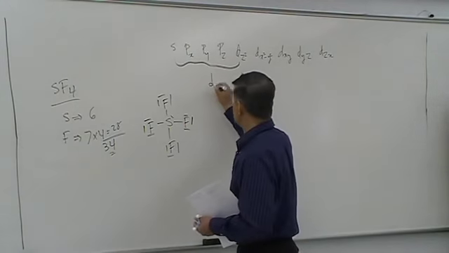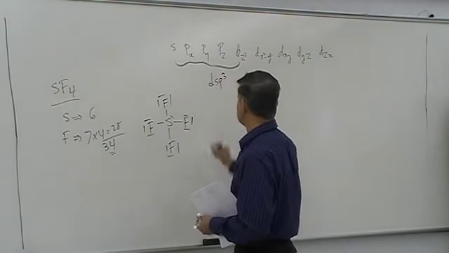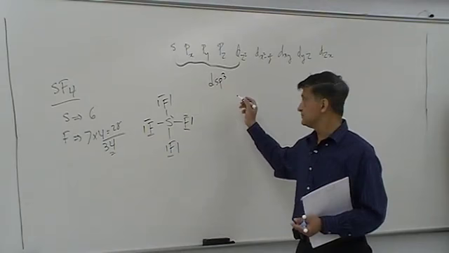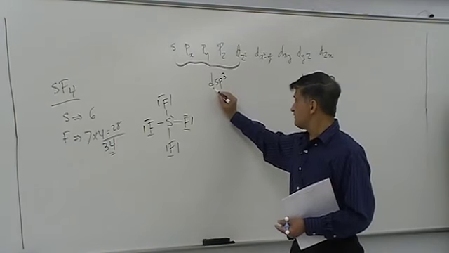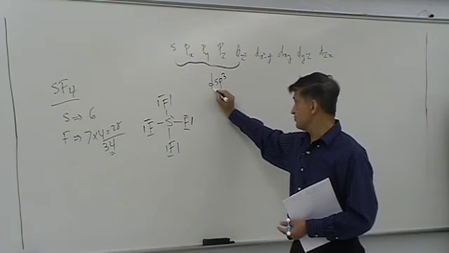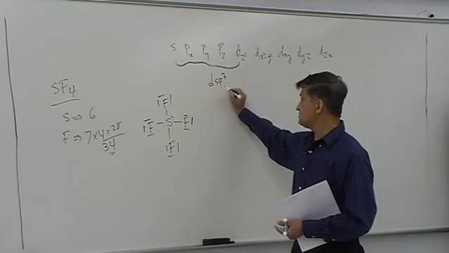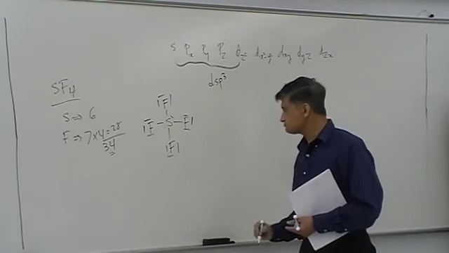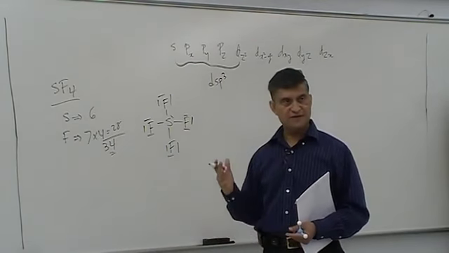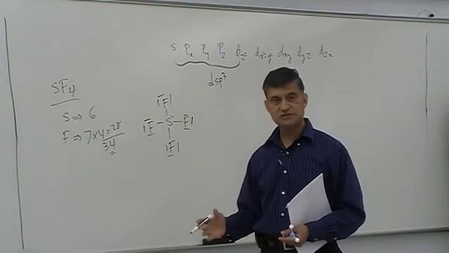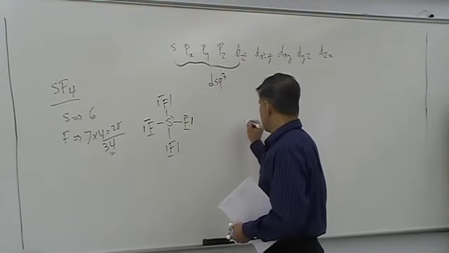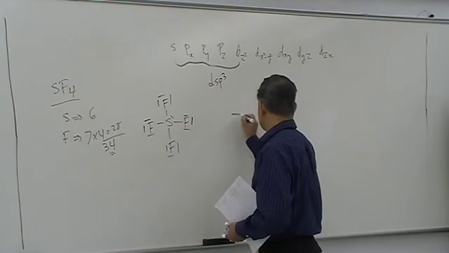So you're going to write down dsp3 hybridization, or sometimes in books you'd find sp3d. That would make 5 hybrid orbitals because you're combining 5 orbitals, 1d, 1s, and 3p together. Now you need to know, if there are 5 pairs of electrons, what would be the geometry? I'd like each of you to know these geometries.